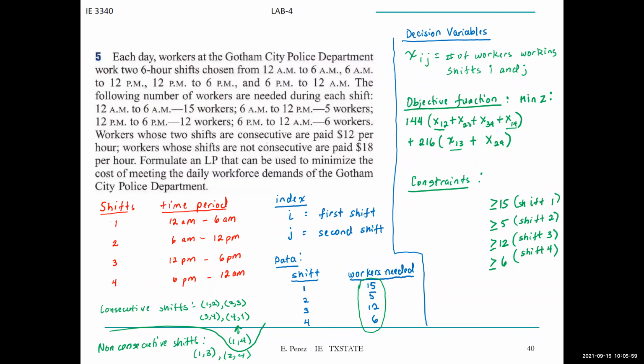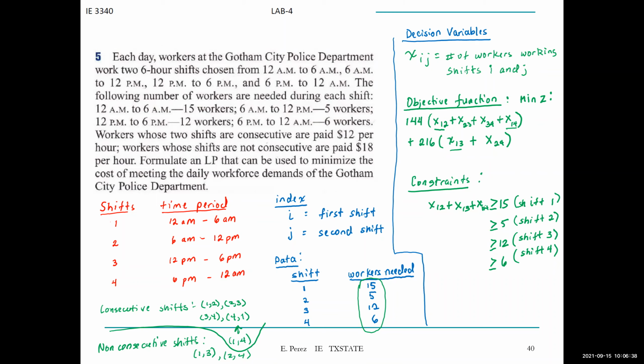So my left-hand side for shift one is X12 plus X13 plus X14. X12 represents the workers starting in shift one and working shift two, consecutive shifts. X13 are those that are starting on one, skipping one, and then working shift three. And X14 represents those that are working shift 4 and 1.